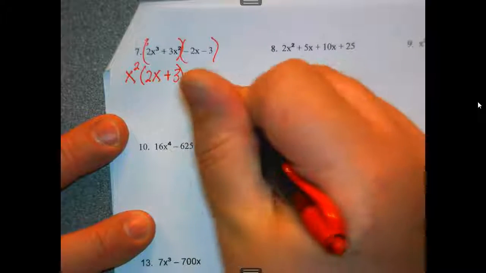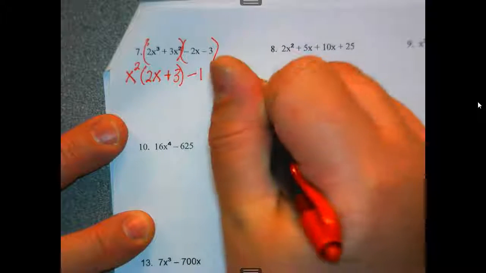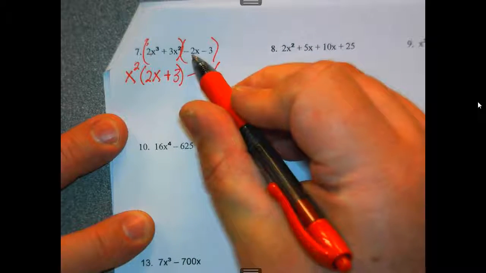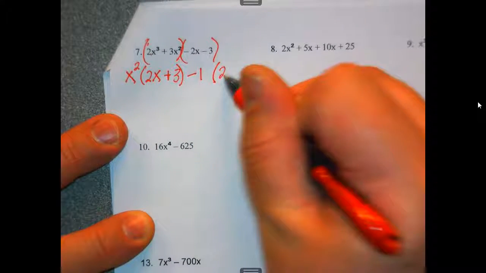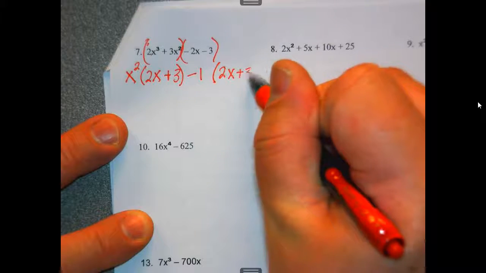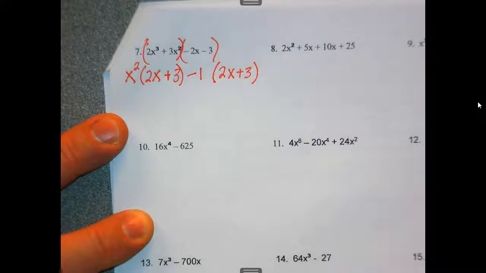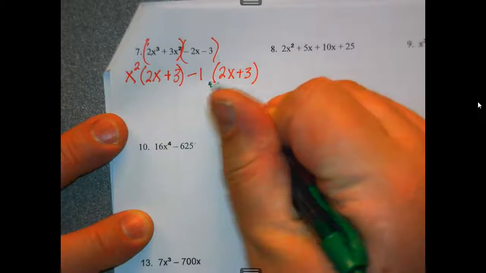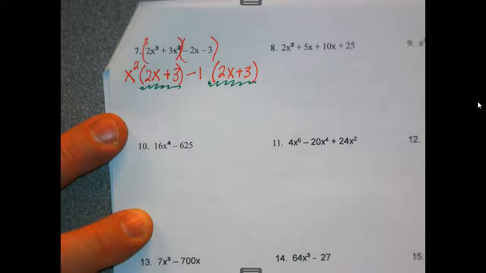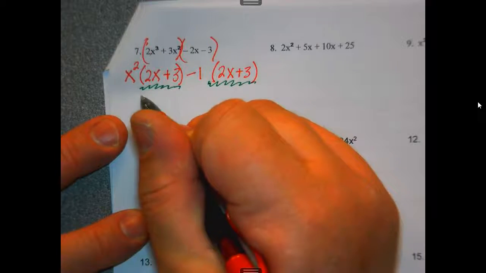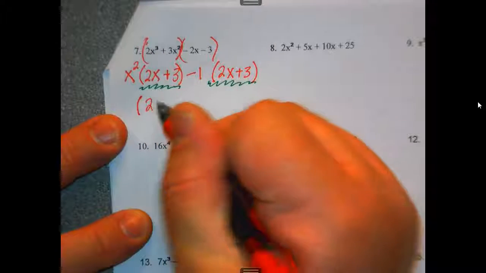A negative 1. So I have positive 2x plus 3. Again, my whole goal here was to get the same quantities. Okay, so I get 2x plus 3.